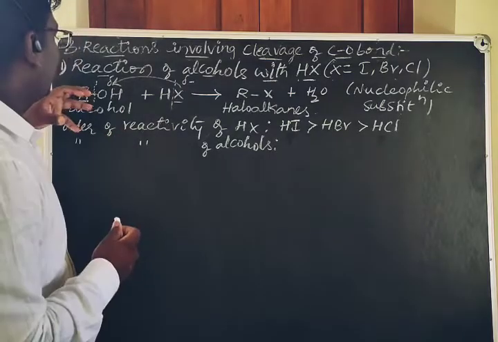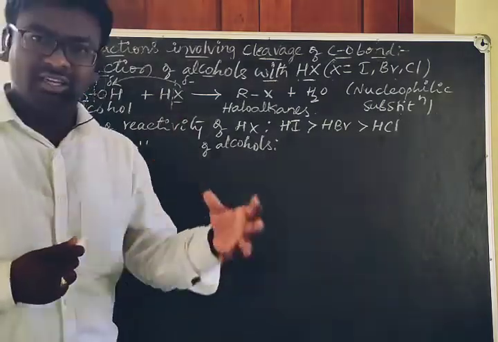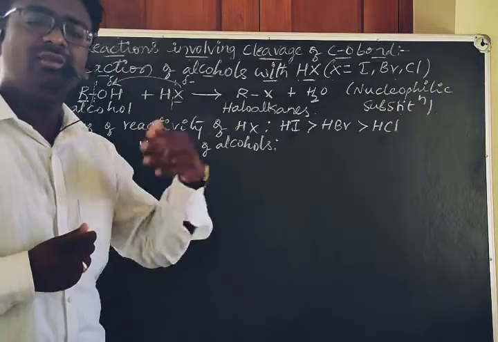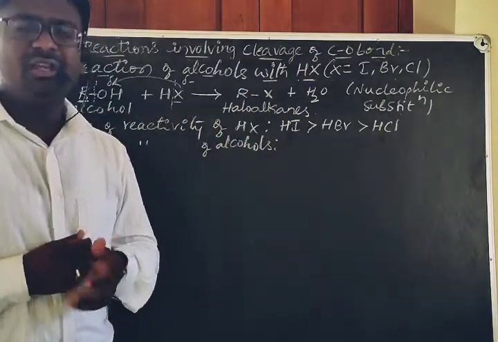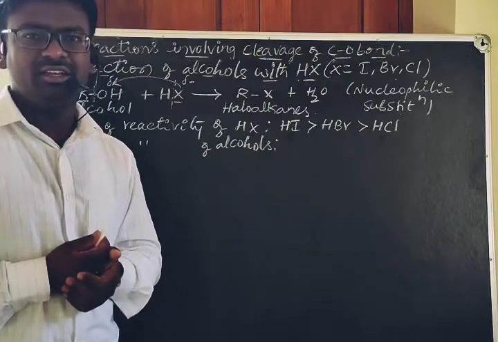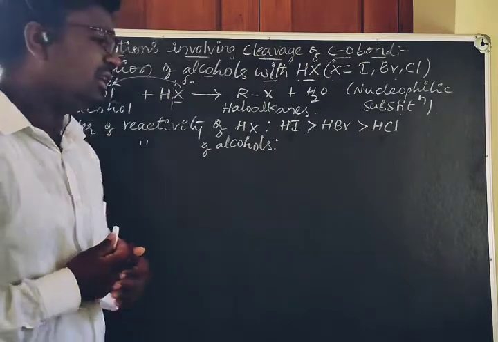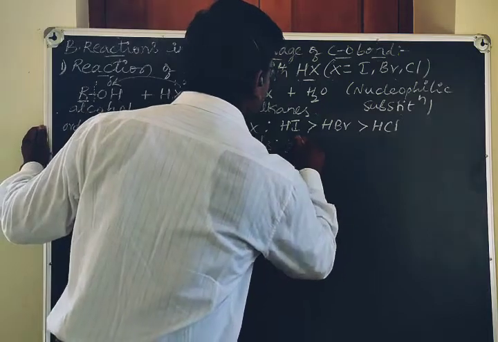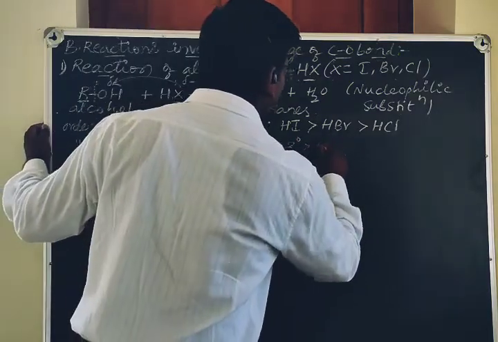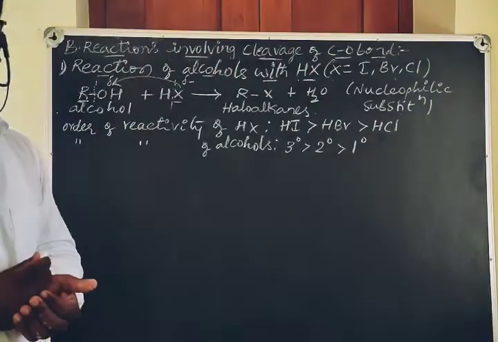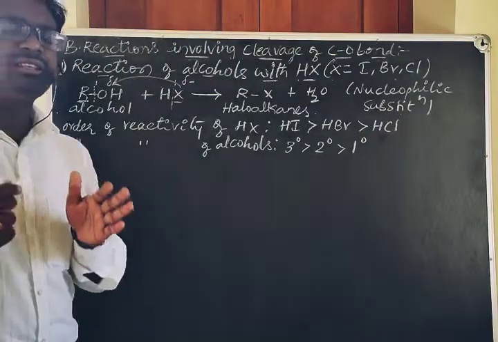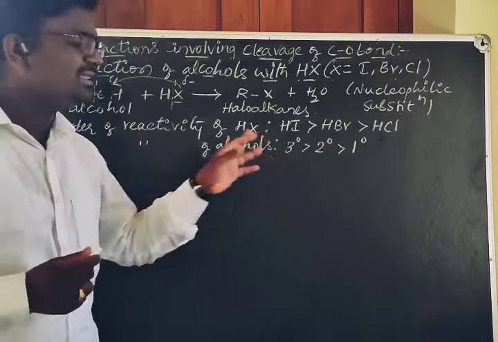The one having more steric hindrance will undergo the substitution reaction readily. We can see more steric hindrance and electronic repulsions in tertiary alcohols. That is, tertiary alcohol reacts most readily, followed by secondary, followed by primary. When we have only tertiary, secondary, primary, this is the order.